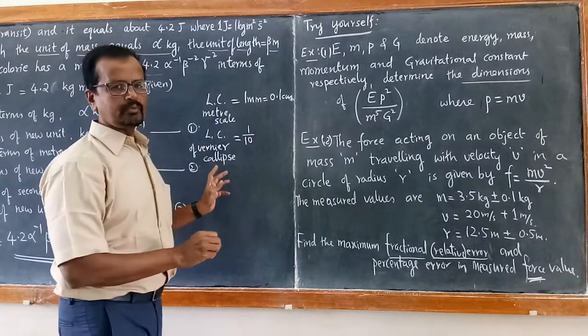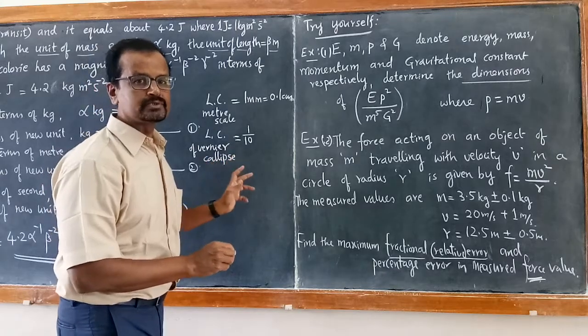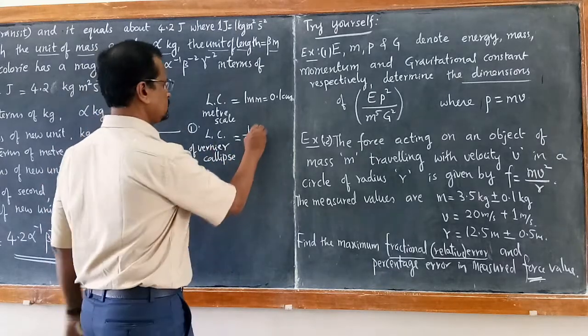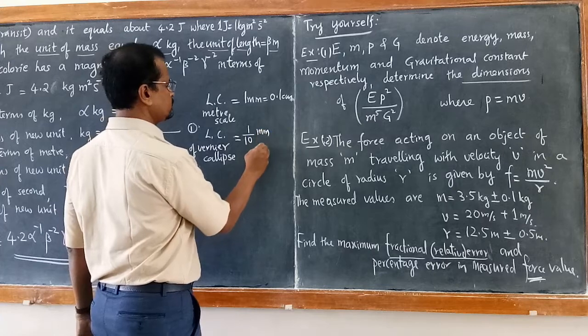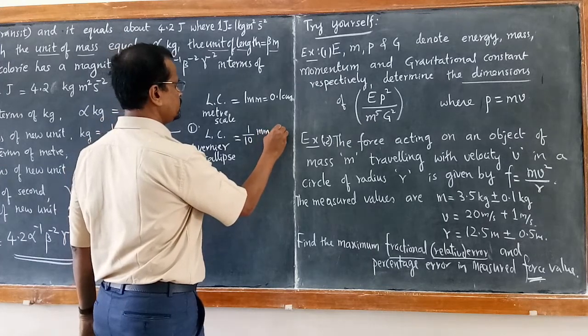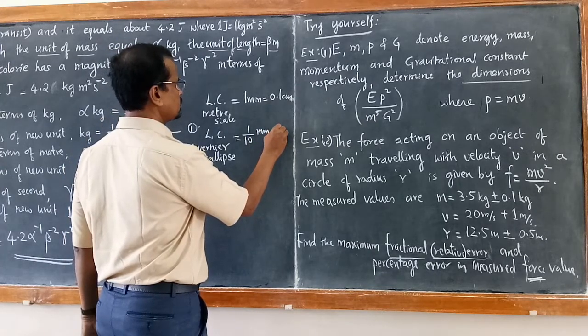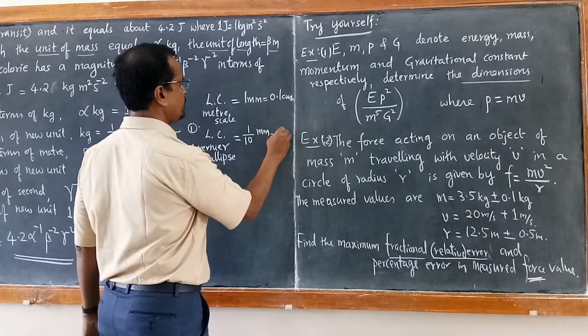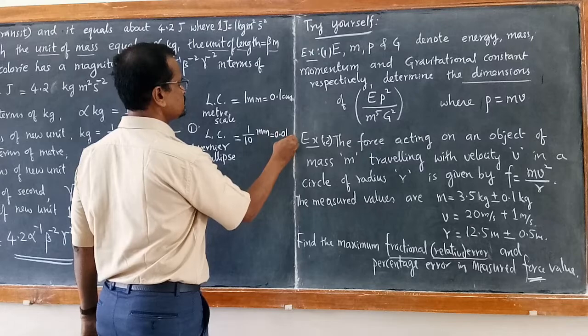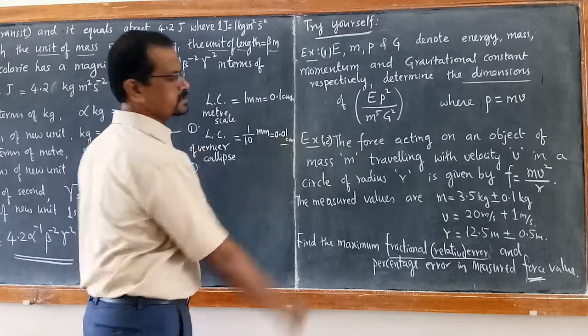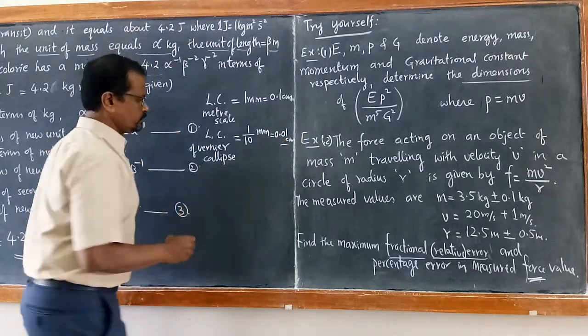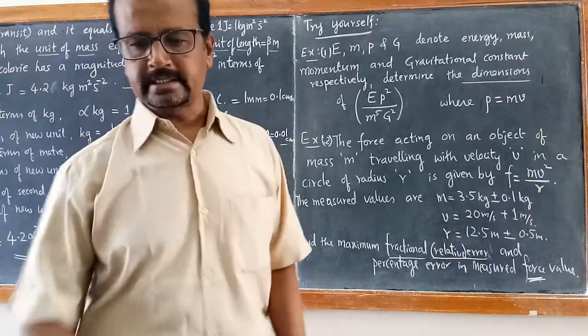That is what we call resolution, limit of resolution, or least count. 1/10 of a millimeter becomes 0.1 millimeter or 0.01 centimeter.